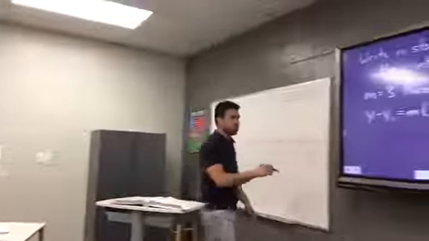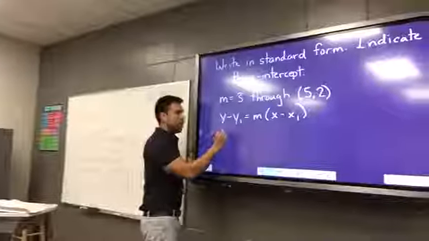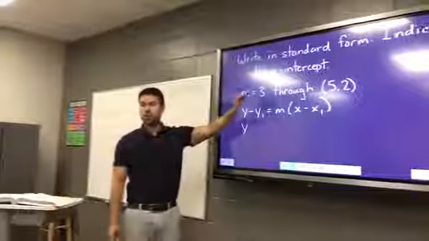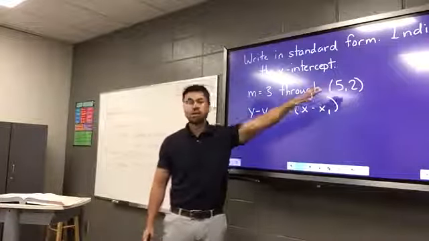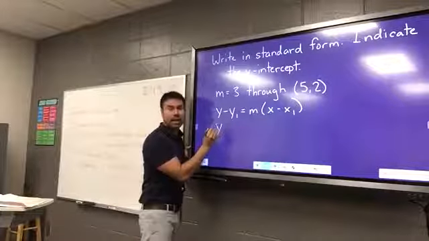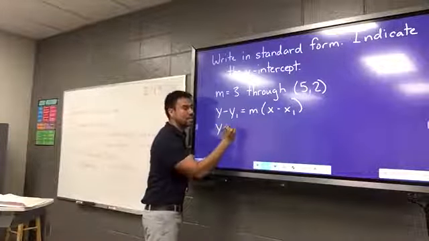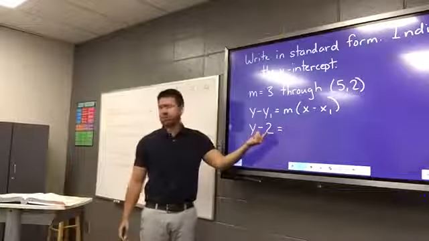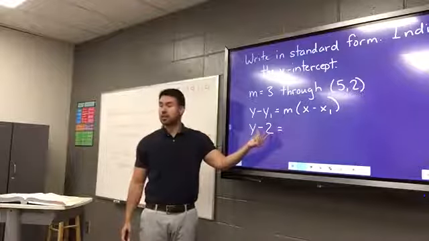So let's see what goes where. All right. I'm going to put y. That y stays the same. And then what is y sub 1 according to the info they gave me? It's 2. So how do I write it here? Y minus 2. Just write y minus 2. And you're like, wait, I thought it was plus 2. Well, you switch the sign.